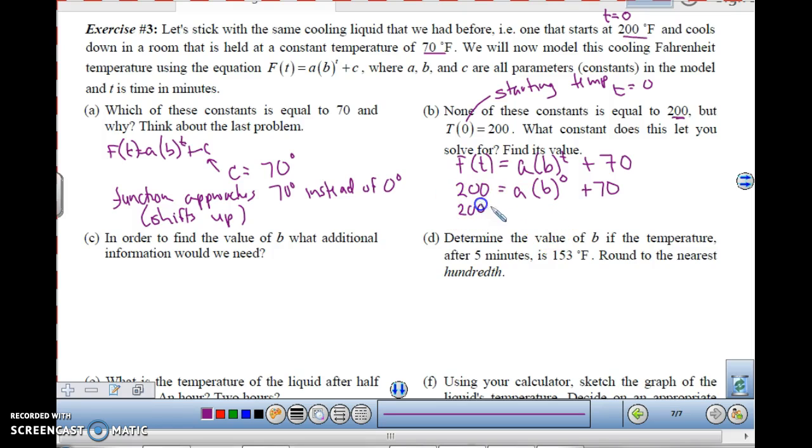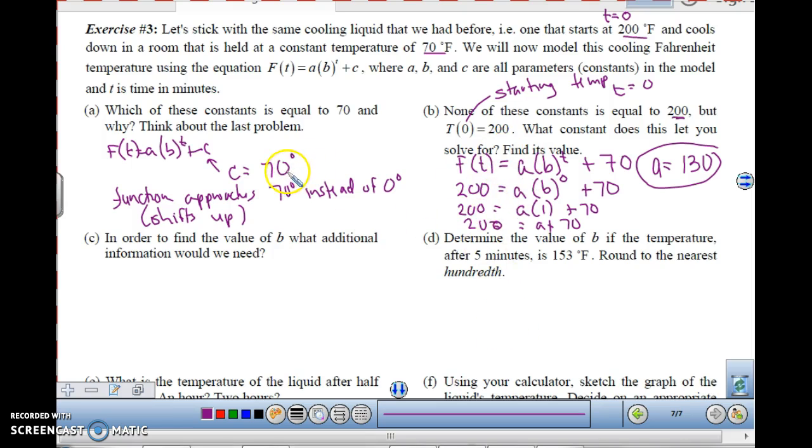So that gives you 200 is equal to A times 1 plus 70, so 200 is equal to A plus 70. So what does A equal? A equals 200 minus 70, which is equal to 130. So we just found A. By using the starting temperature at time 0 of 200 degrees, we can plug in and find our value.